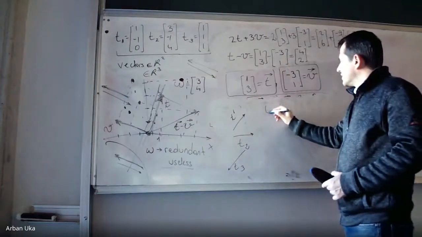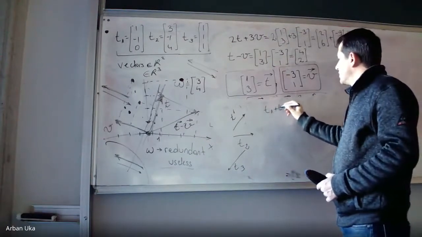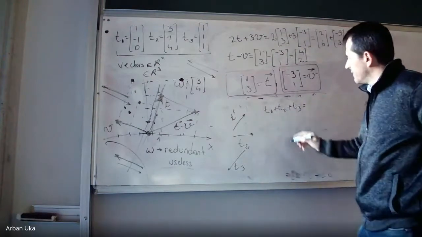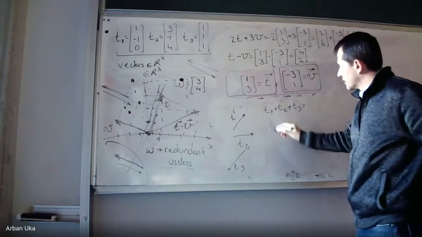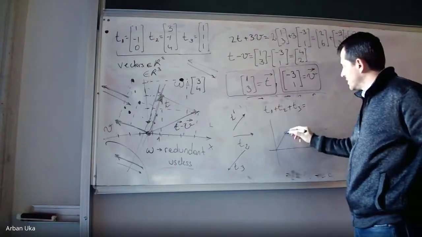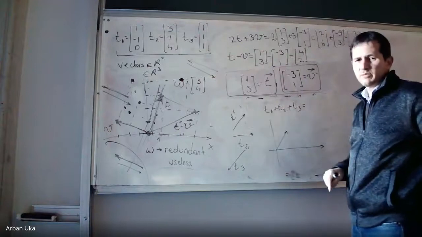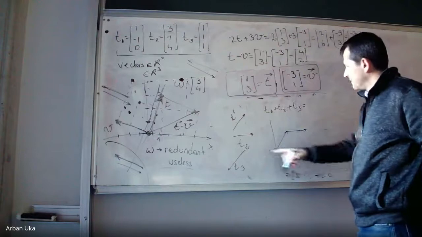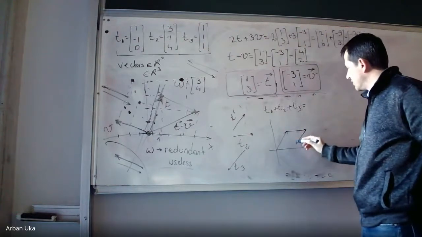The addition t1 plus t2 plus t3 is defined as follows. Let's put the coordinate system here first. We have here t1, it's something like this. I try to draw it as best as I can. t2 is a vector which goes like this, and t3 is pointing down like this.